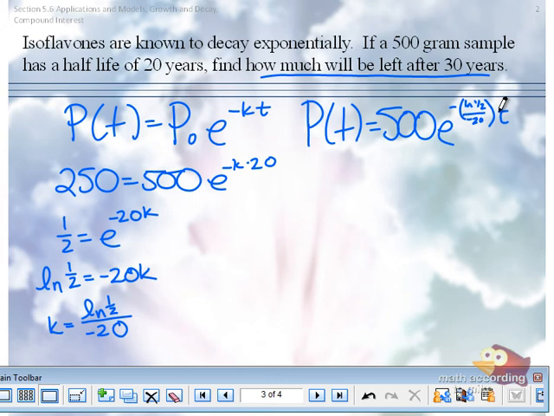I'm sorry, let me say that again. 500 e to the negative natural log of 1/2 over negative 20, t. If you want, you can clean up your double negative there. It's up to you. But how do we finish this problem? Put 30 in for t.